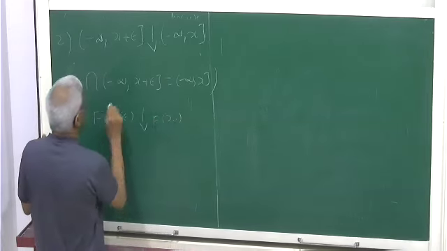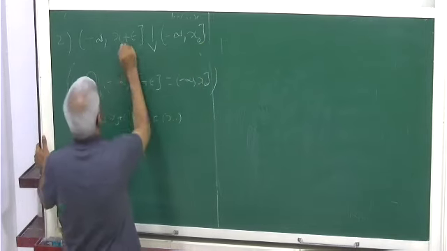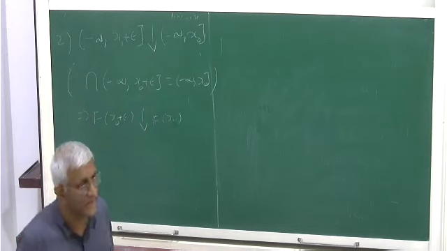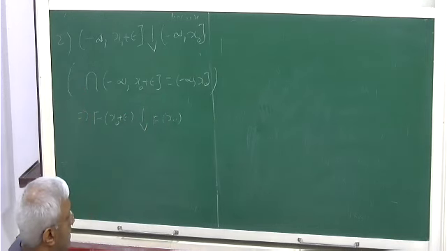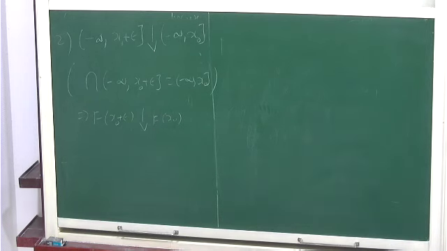The third property, one second. Right continuity. Oh, I forgot that. Okay, that is the same as this. (-∞, x] will increase to (-∞, ∞) as x tends to infinity.